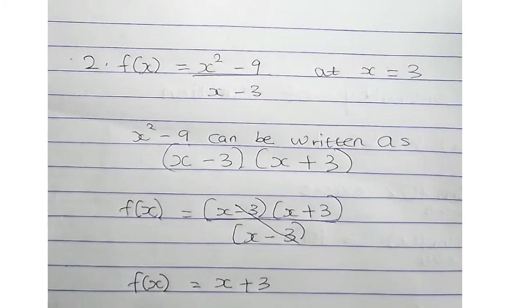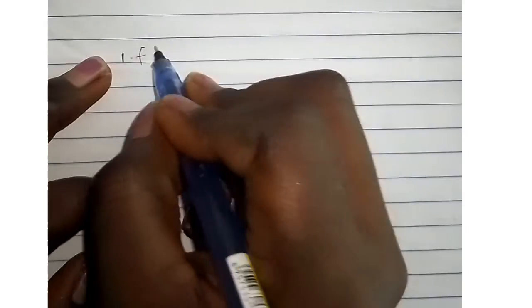To check if the three conditions are satisfied, we first check if f of A exists, which is f of 3, because our A is 3.